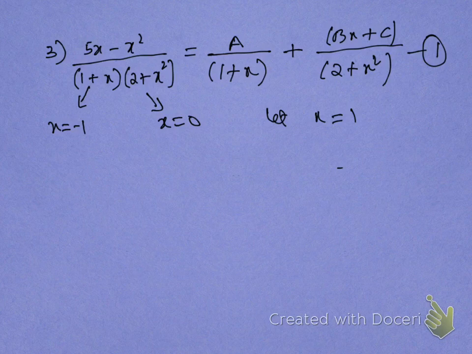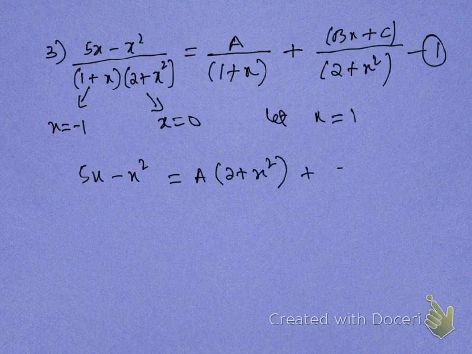Now multiplying both sides by this denominator, (1 plus x)(2 plus x square), we have 5x minus x square on left side. On right side we have (2 plus x square) a, plus (bx plus c) times (1 plus x). Be careful while substituting the values of x in this type of question where we have a quadratic factor.